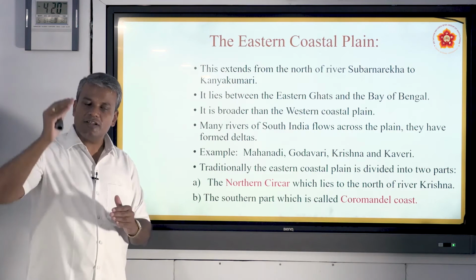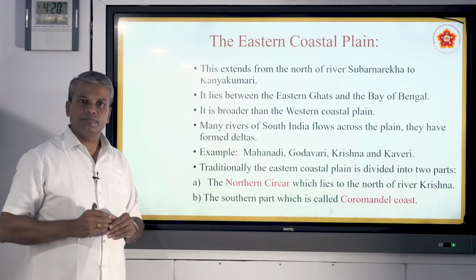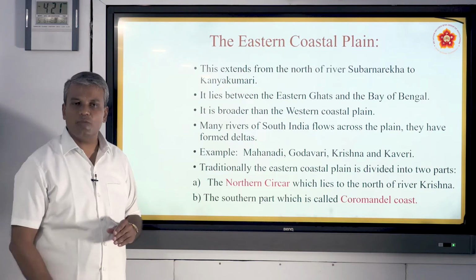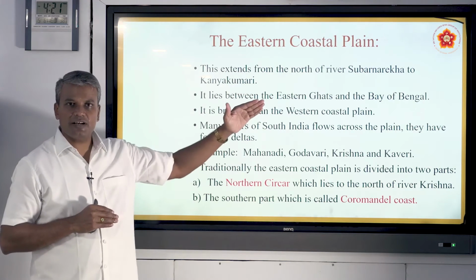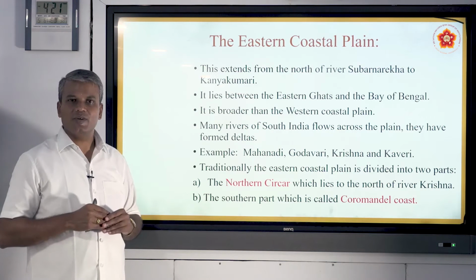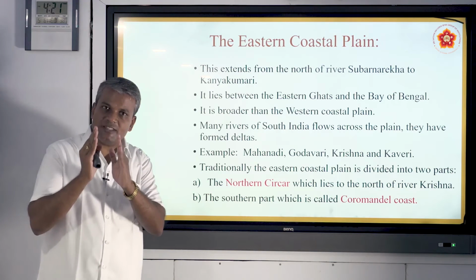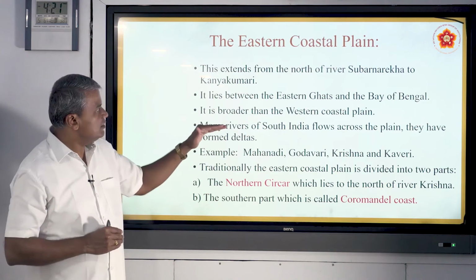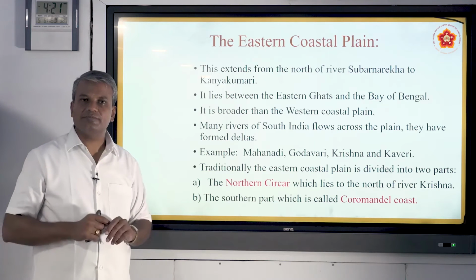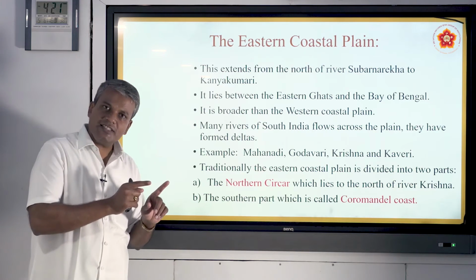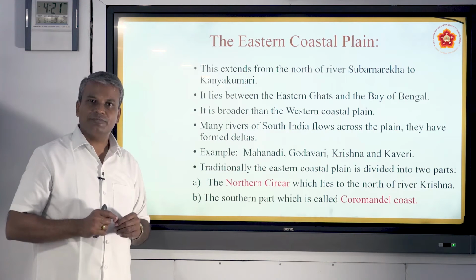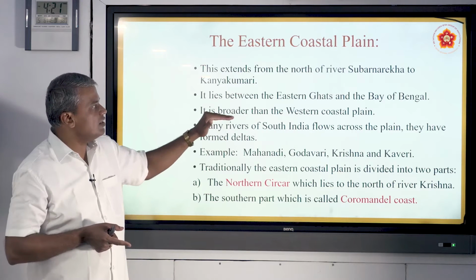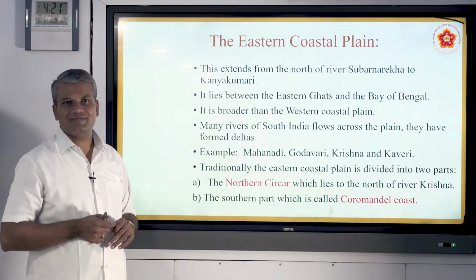Eastern coastal plain starts from river Subarnarekha to Kanyakumari, and lies between Eastern Ghats and Bay of Bengal. And this is broader. The western coastal plain is narrow, steep and rocky, but eastern coastal plain is broader than the western coastal plain.